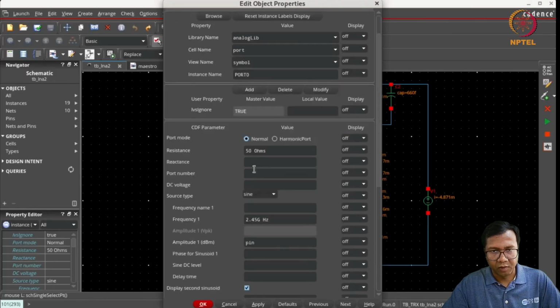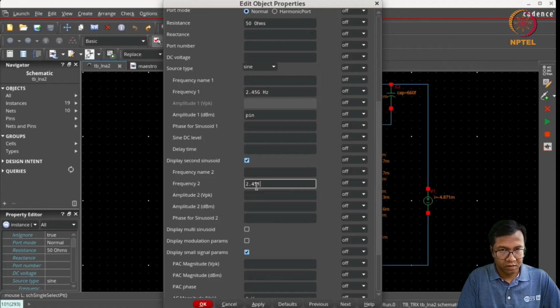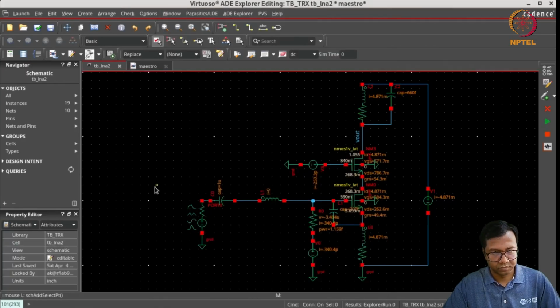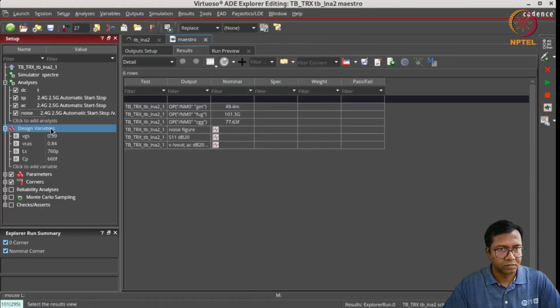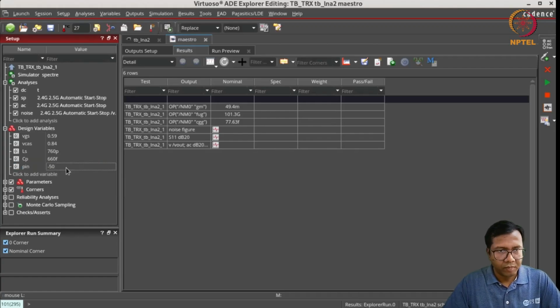We can add another tone at 1 megahertz apart with the same power. Let's keep some nominal value of minus 50 dBm.